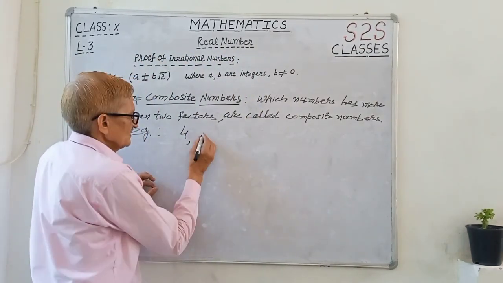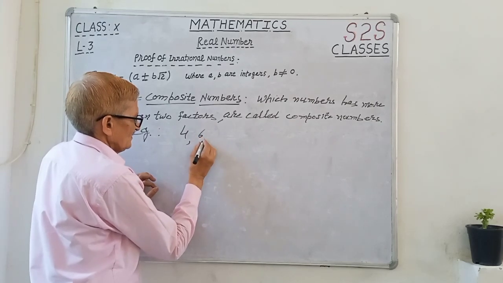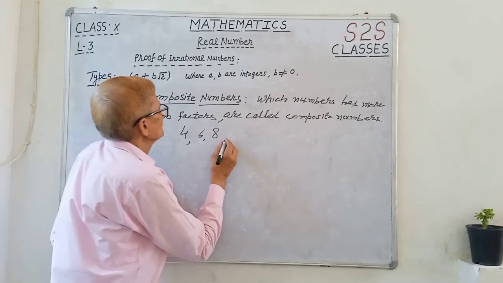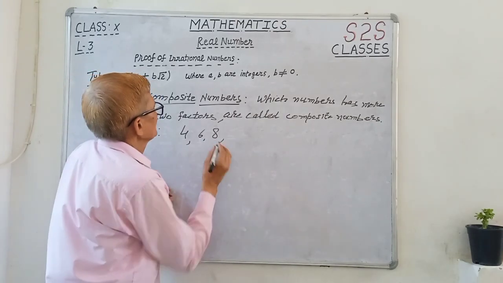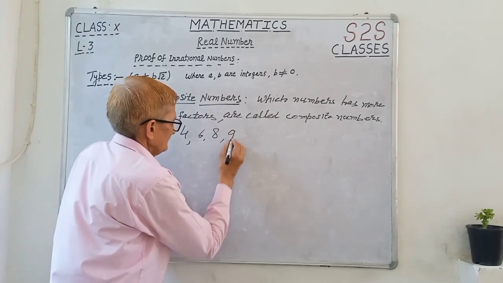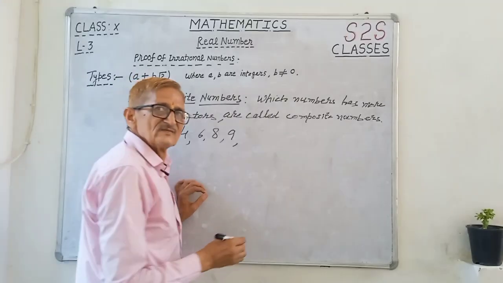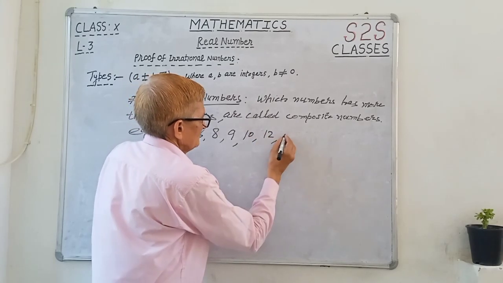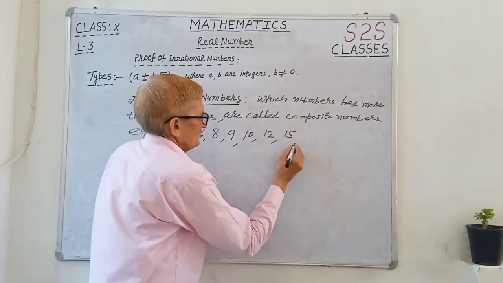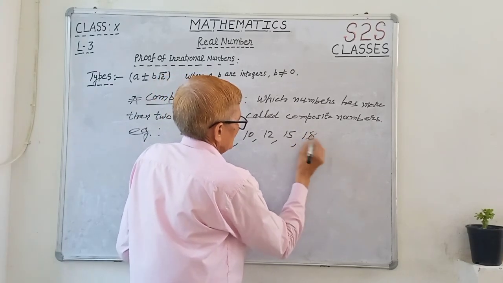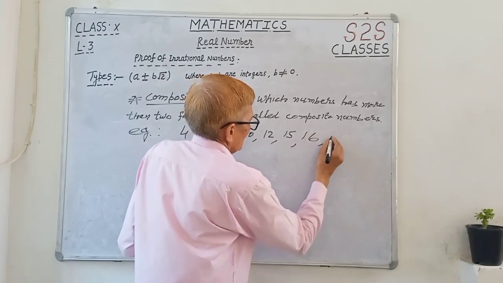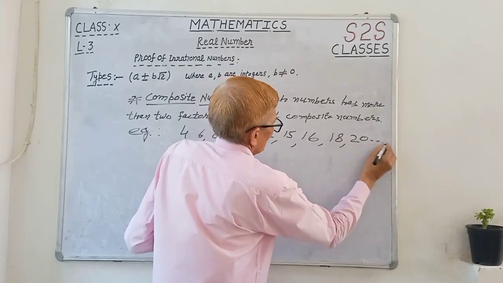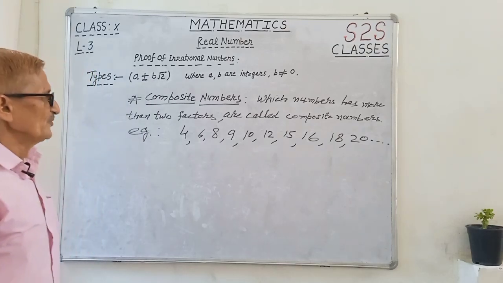After that 6, after that 8, after that 9, after that 10, after that 12, after that 15, after that 16, after that 18, after that 20 and so on. These are the composite numbers.